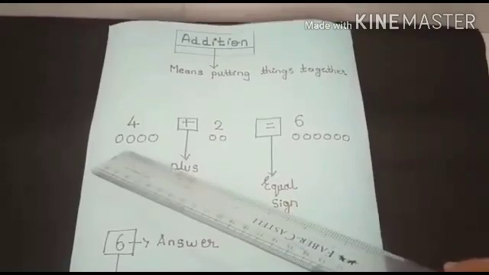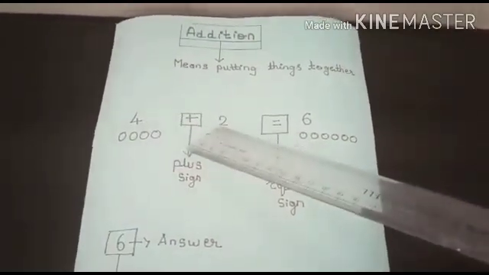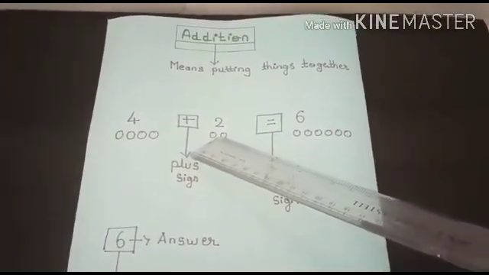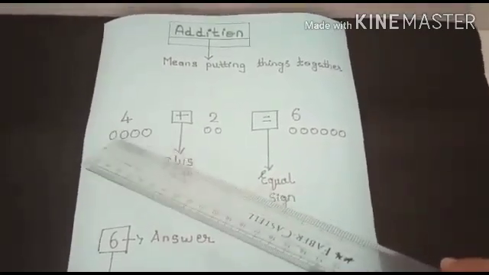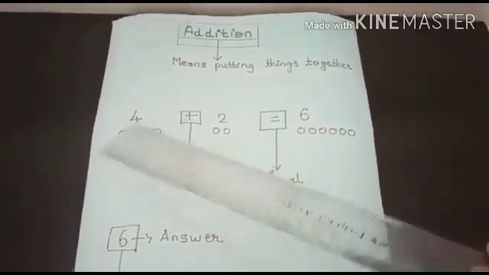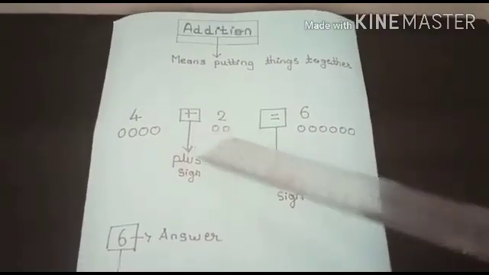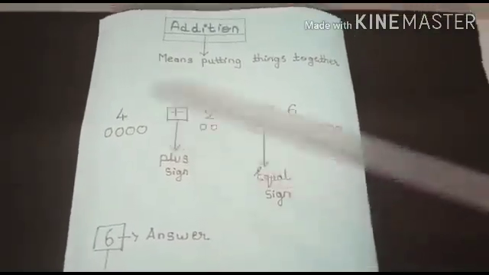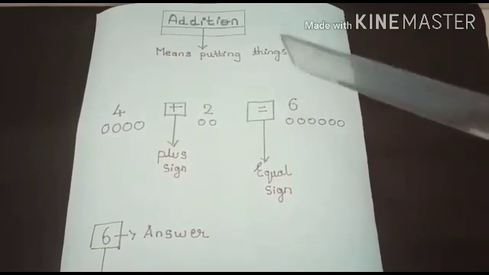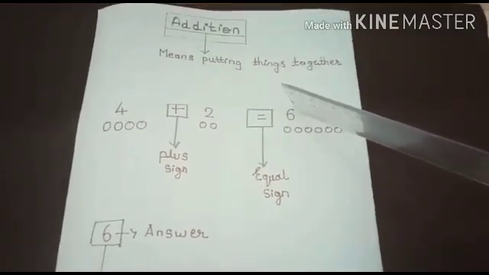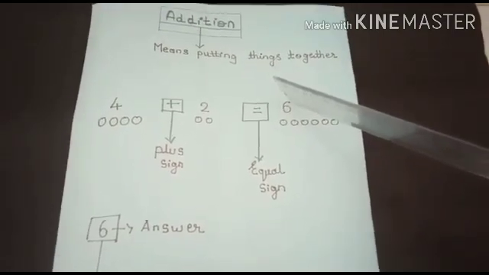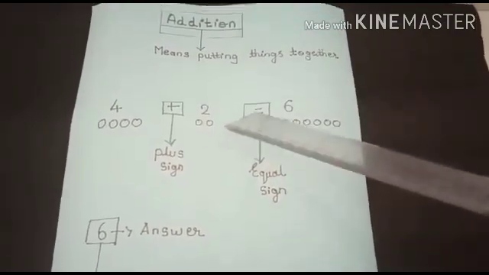Here 4 circles are there and here 2 circles are there. So, let us count the circles. 1, 2, 3, 4, 5, 6. So, the answer is 6. But before writing the answer, we put the equal sign.